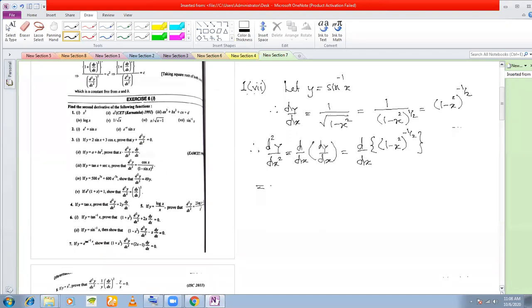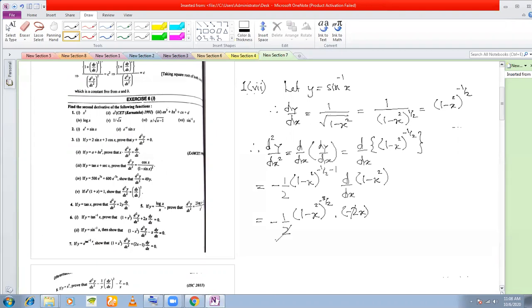How do you differentiate it? First, you differentiate the power. Minus half into (1 minus x square) to the power of minus half minus 1. Then you differentiate what is within the power, that is ddx of 1 minus x square. So you get minus half into (1 minus x square) to the power of minus 3 by 2, and ddx of 1 minus x square is minus 2x.